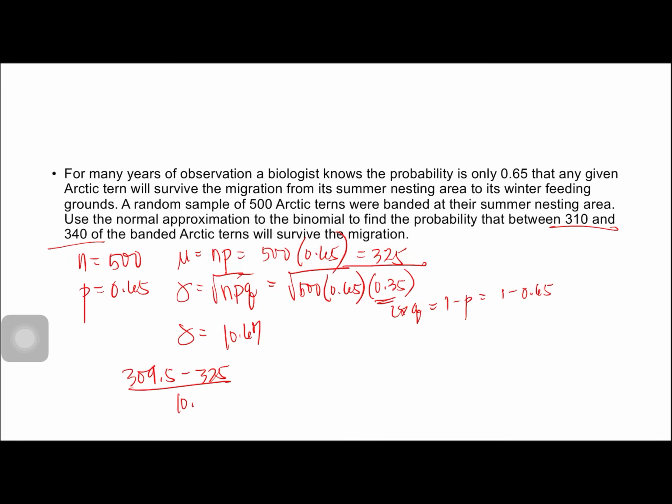So, 310 will be 309.5 minus 325 divided by 10.67 is less than or equal to z is less than or equal to 340.5 minus 325 divided by 10.67. That is negative 1.45 is less than or equal to z is less than or equal to positive 1.45.